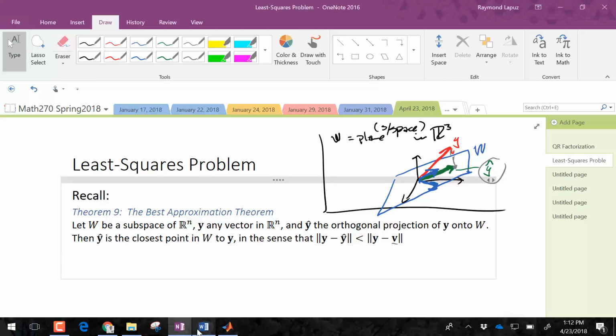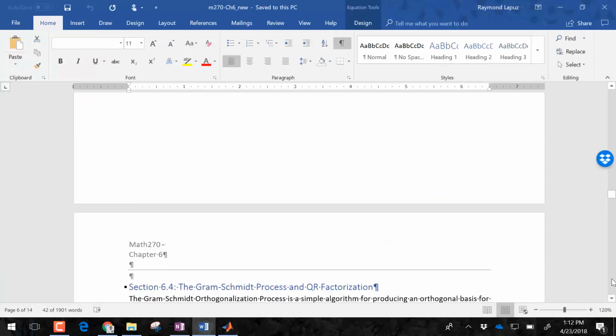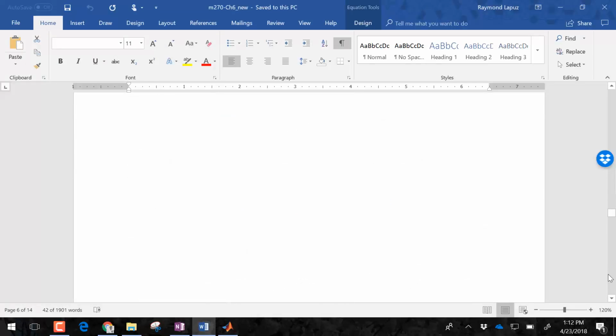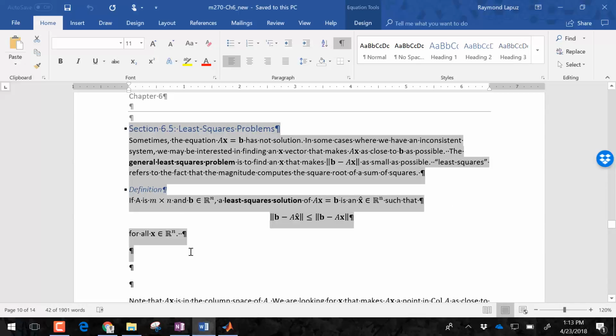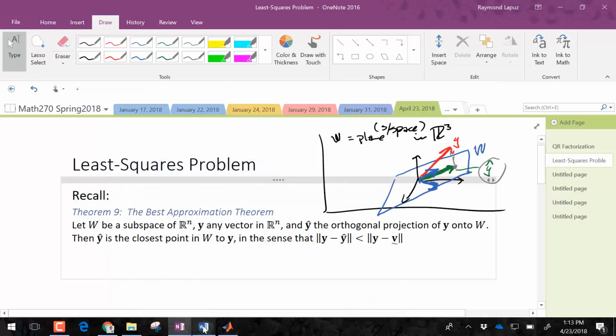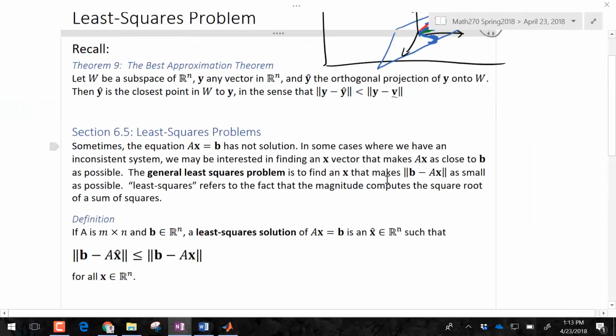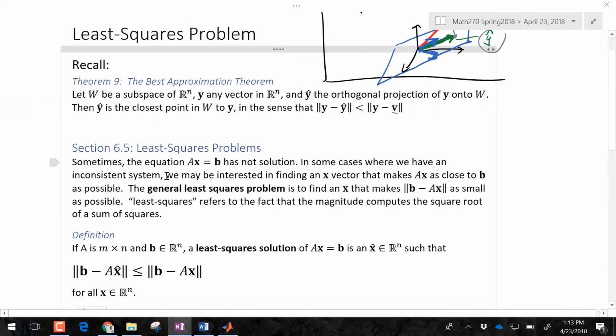So now we're going to move to the least squares problem. The least squares problem tells us that if you're trying to solve the equation Ax = b, which is something we've been doing for more than half the semester, sometimes you might not get a solution.